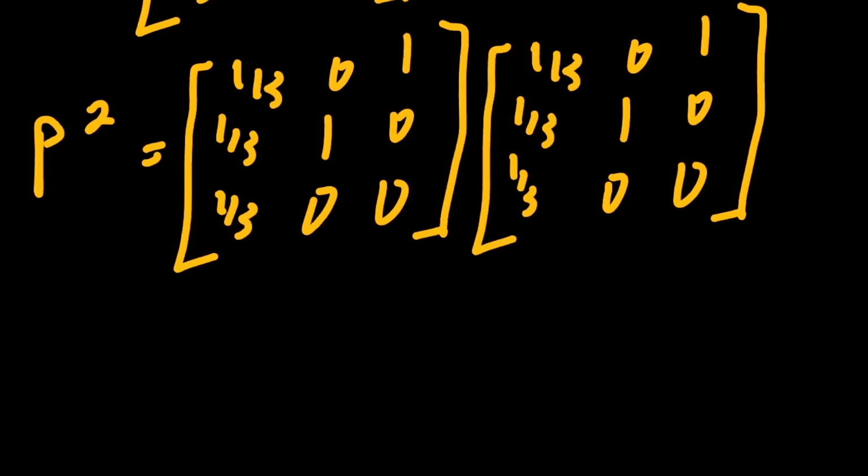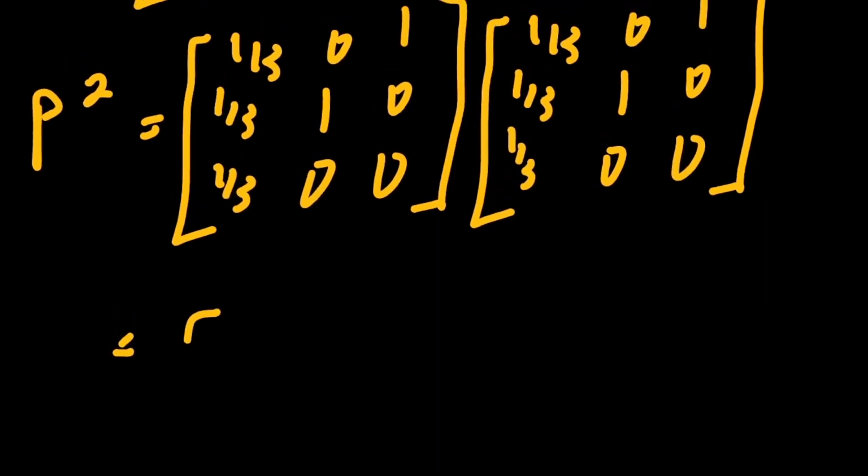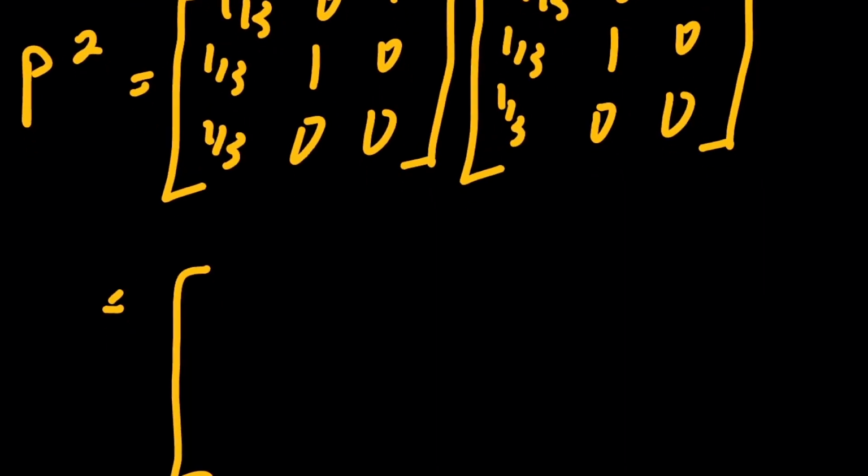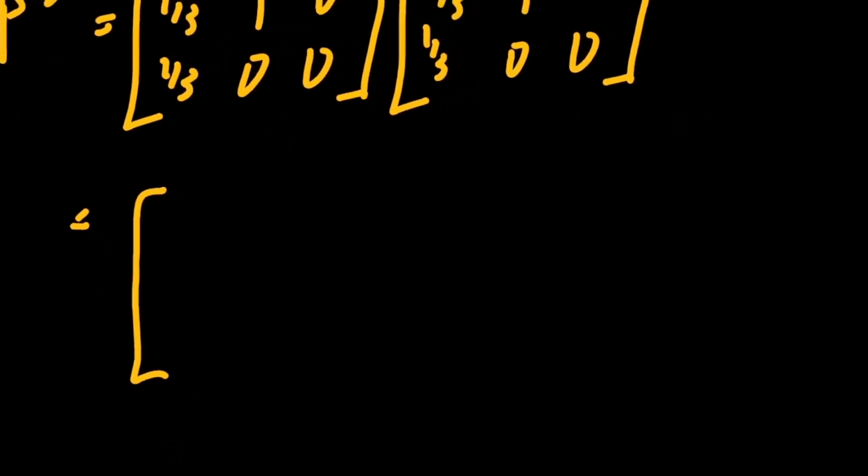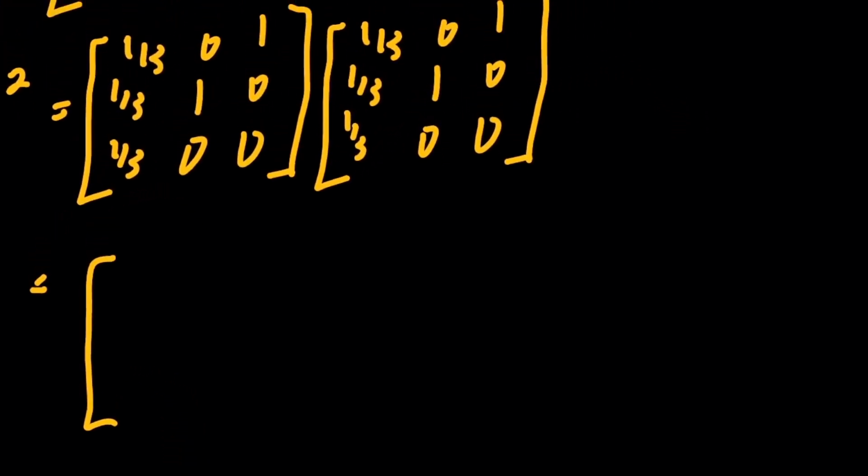So let's perform our matrix multiplication for P squared. So let's see here. Okay. Let's multiply the first row by the first column, and we get 2/3. Now we're going to multiply the first row by the second column, and we get 0.